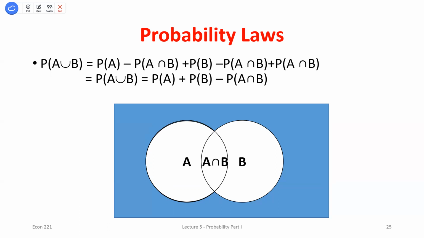We now have these 2 crescent moons. For the rest of the union, we add in the intersection. Some of these things will cancel, and it simplifies down to the union being the probability of each event added together, minus the intersection that we double counted.